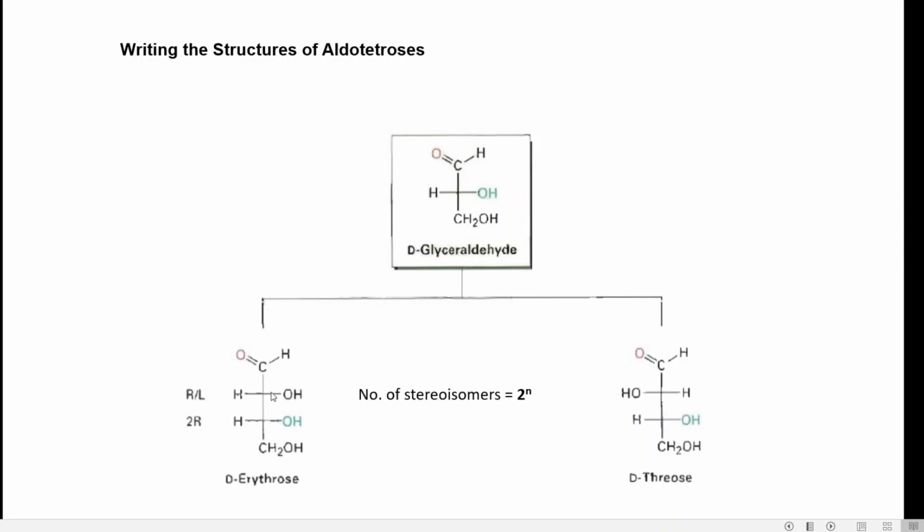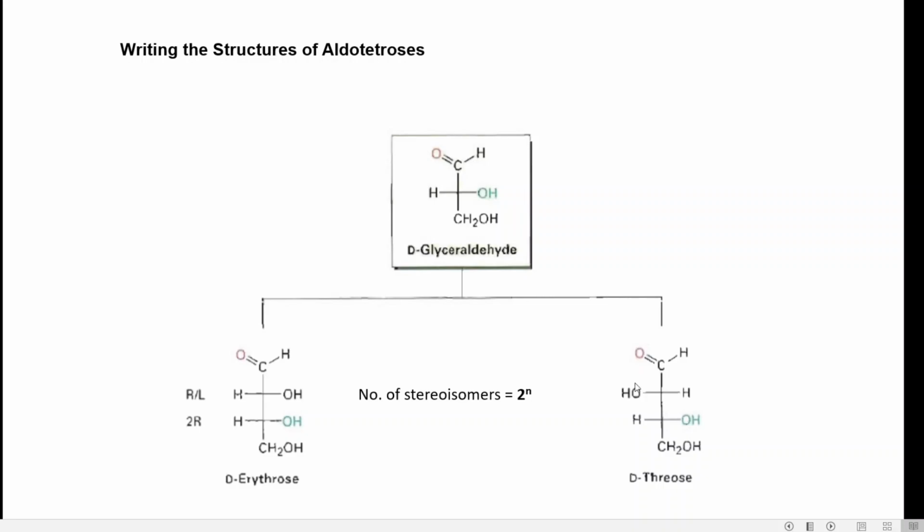This new bond could have two atoms, two groups. One is a hydrogen atom and the other is hydroxyl. We could write the hydroxyl group in the first structure on the right side and in the second structure on the left side.